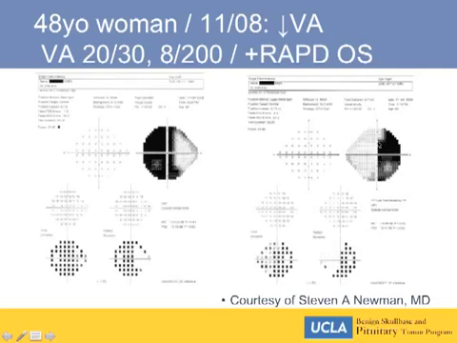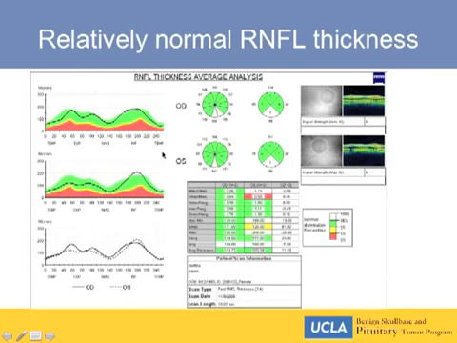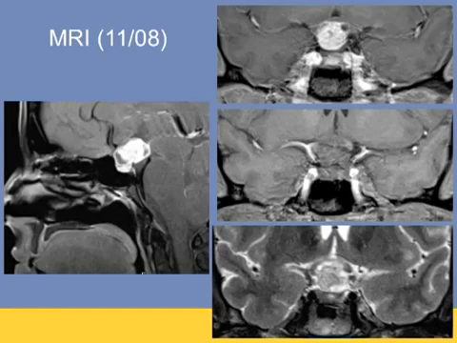So again, we expect compression of the chiasm here, more anterior than posterior and more left-sided than right-sided. And here in looking at the retinal nerve fiber layer thickness, it's normal. So this patient may have a good prognosis for recovery of vision. And this is also a patient with a craniopharyngioma.